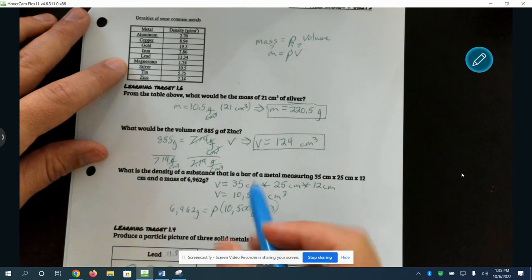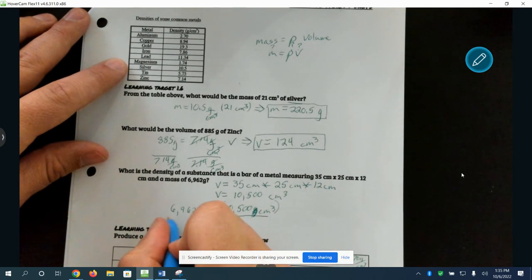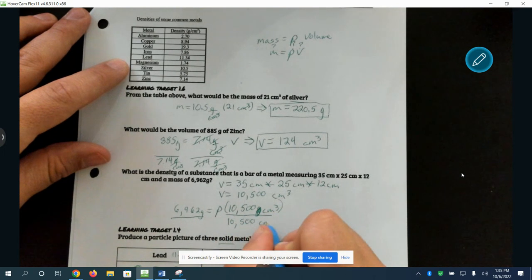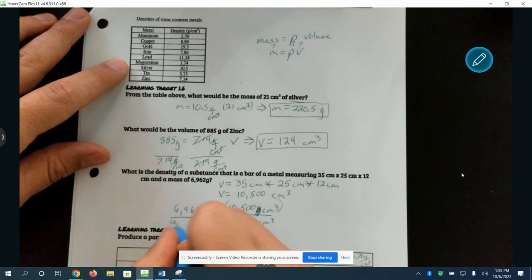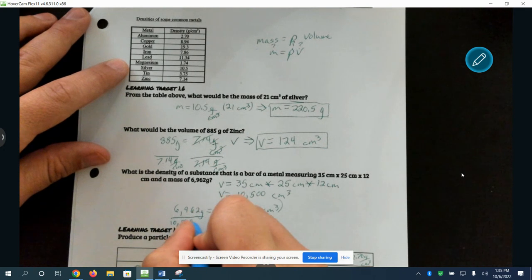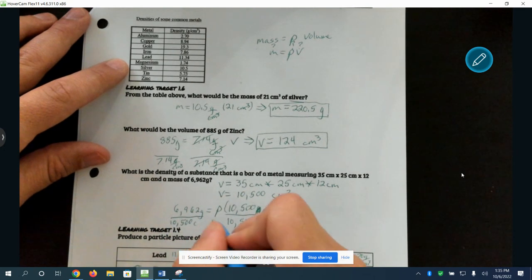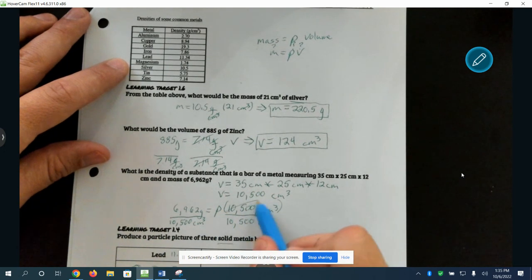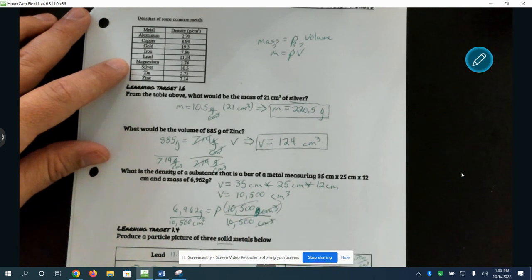These are multiplied together, so I must divide both sides by this in order to isolate my density. This will cancel, this will cancel, this will cancel, this will cancel. I will be left with just my density, grams over centimeter cubed.